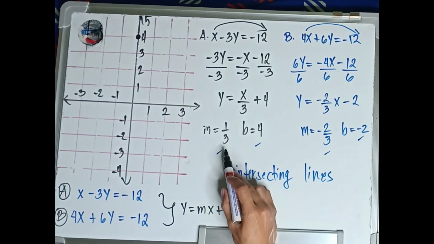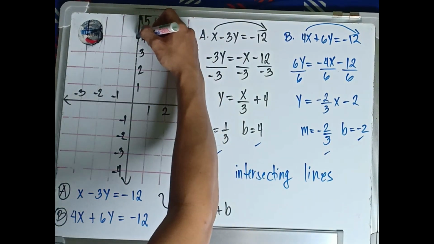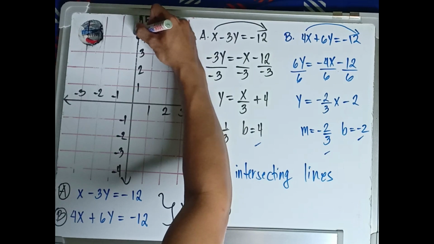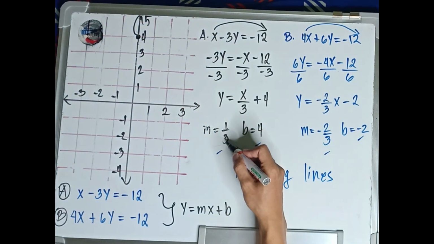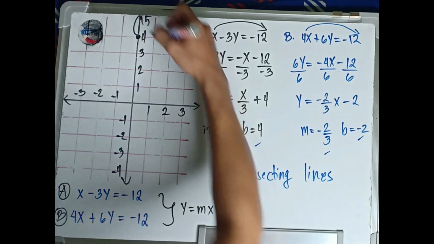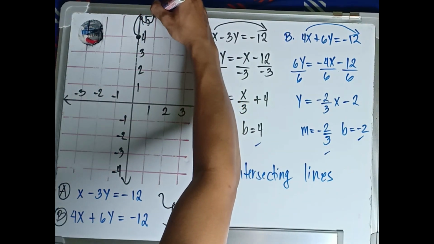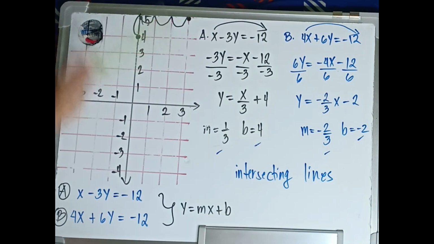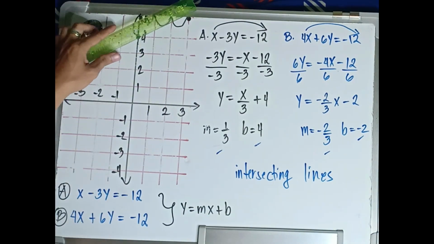Then using the slope, 1 over 3, from this point we move upward once, and then, since the run is positive 3, we move to the right 3 times. So we have 1, 2, 3. And then we connect the points.